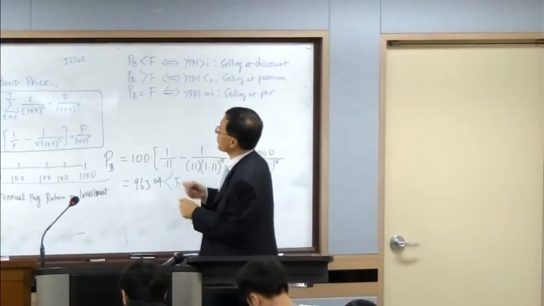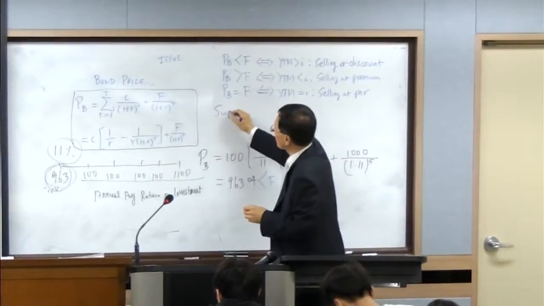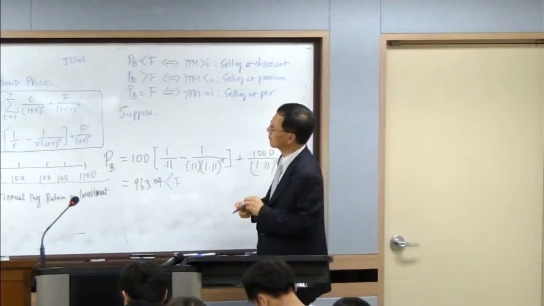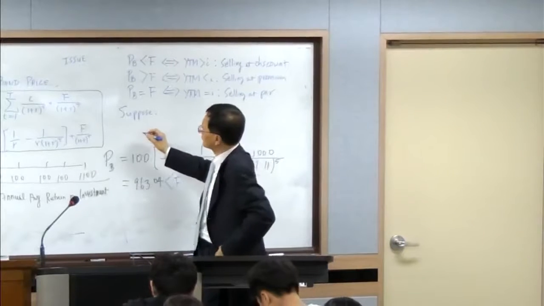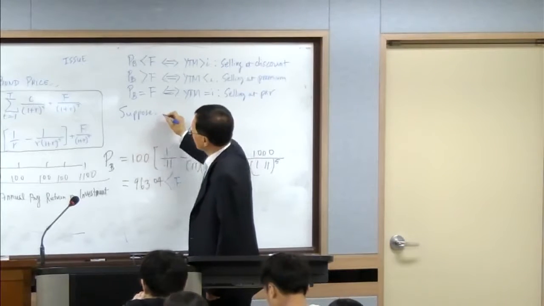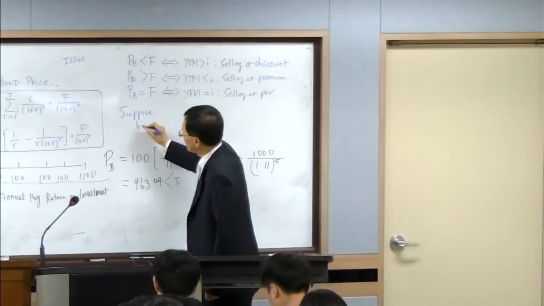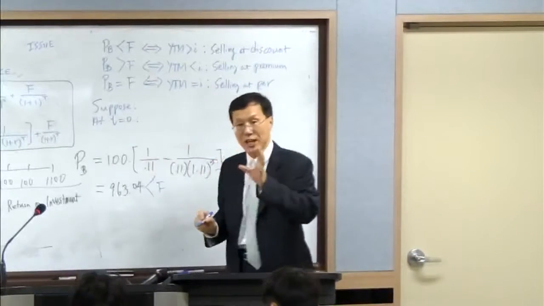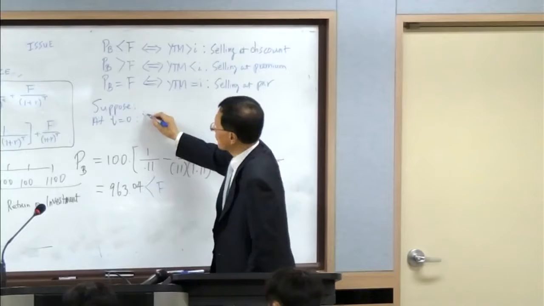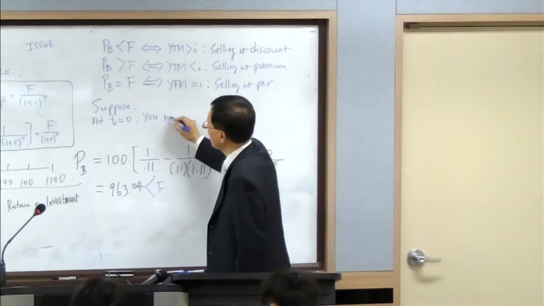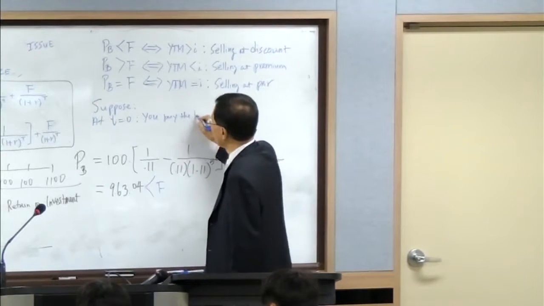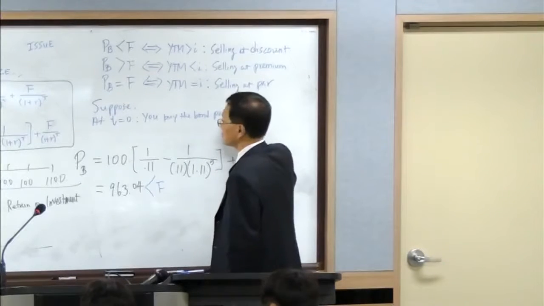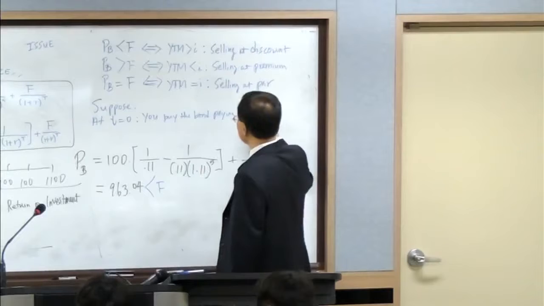Now, let's suppose at t equals 0, in other words, today, you buy the bond paying $963.